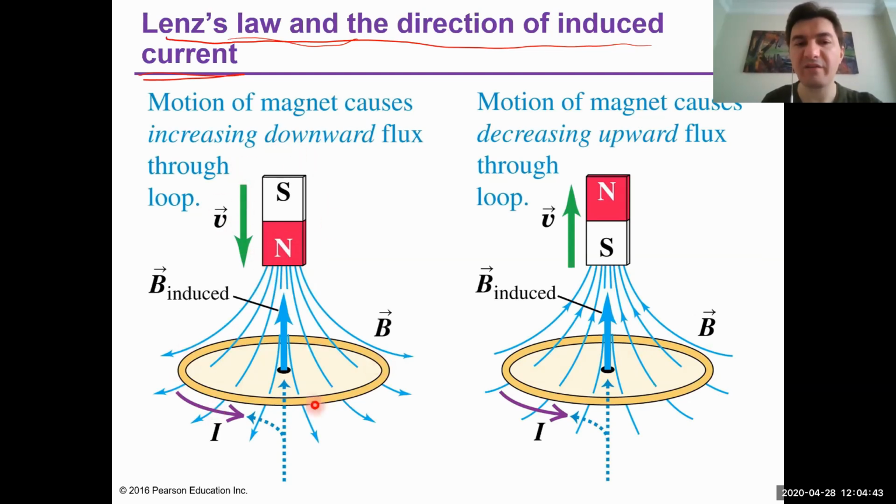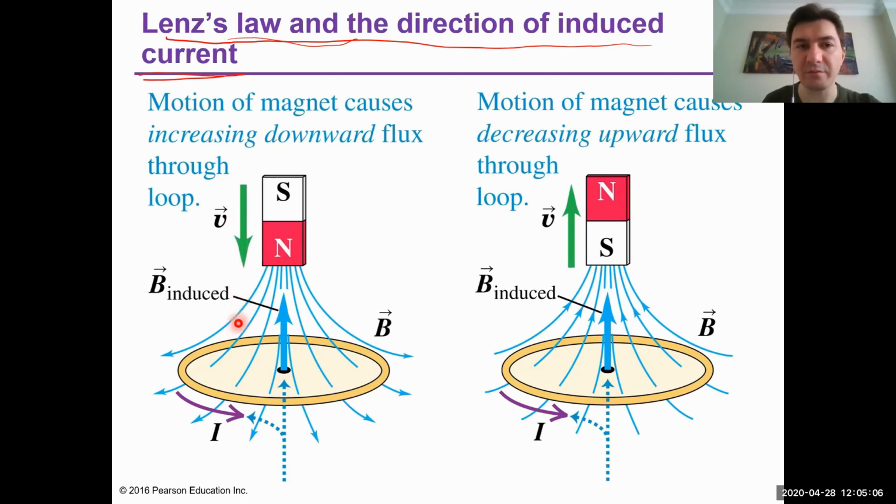And here we have a loop, no current in the loop. So there is a certain magnetic field, but the magnetic field is constant, area is constant, the position of the magnet is constant, so there is no current in the loop.